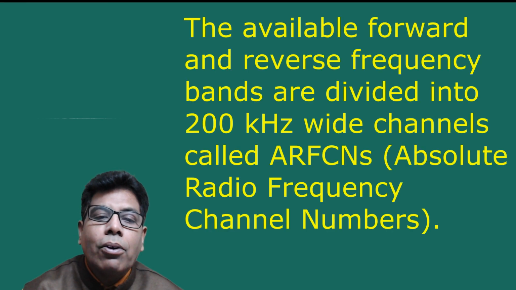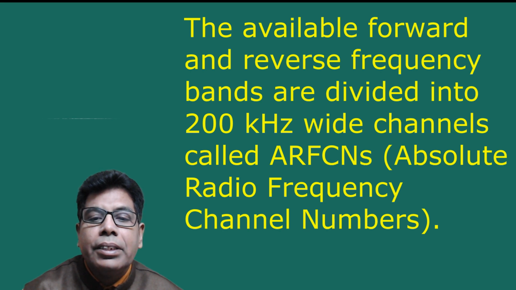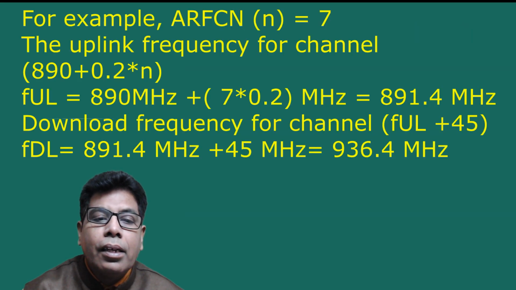The available forward and reverse frequency bands are divided into 200 kHz wide channels called absolute radio frequency channel numbers, ARFCN. For example, ARFCN n is equal to 7. The uplink frequency for the channel is equal to 890 plus 0.2 multiplied by n.